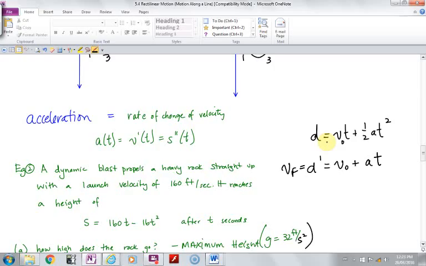Remember that formula? So that's the velocity of an object with initial velocity plus at, right? Now let's take the second derivative. Second derivative obviously is just a. Right? So those formulas are not just made up. They work. And the derivatives get us back to where we need to get back to. Okay?